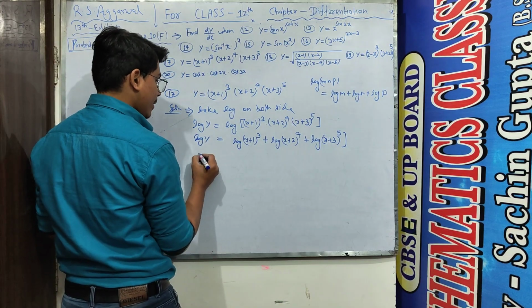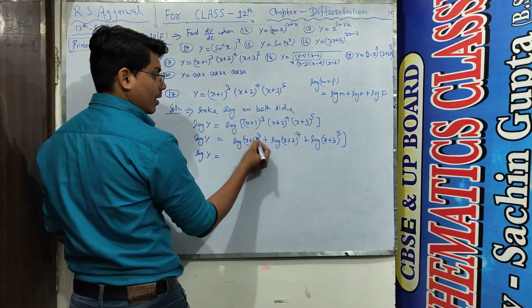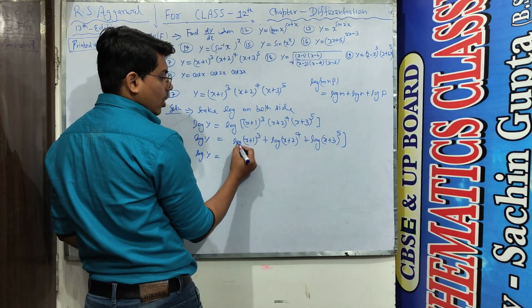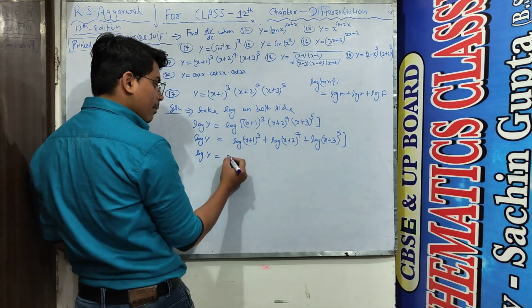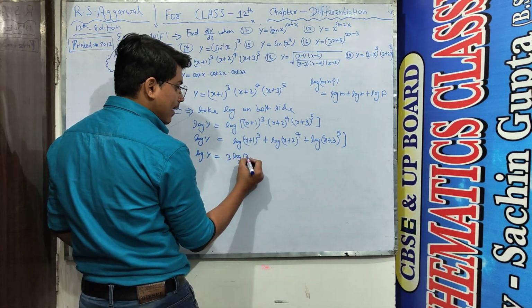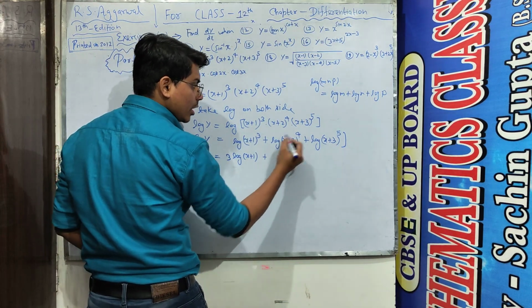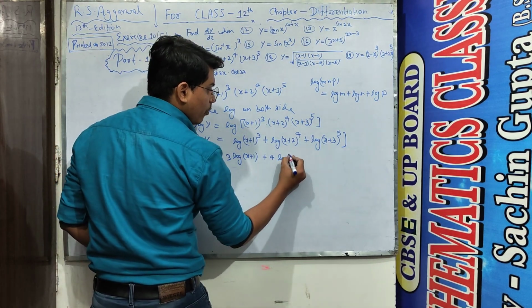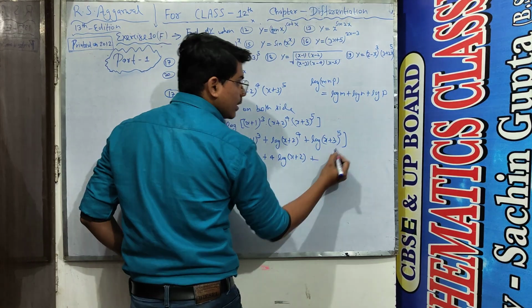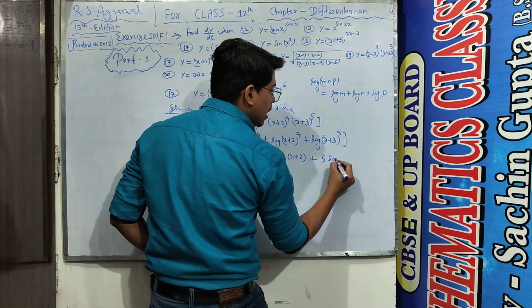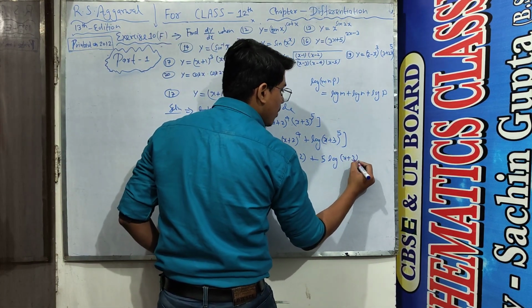Now, student, I apply the formula of log x raised to the power n: the power comes before the log. So its power also comes before the log, student. And this 5 also comes before the log, which is in the power.